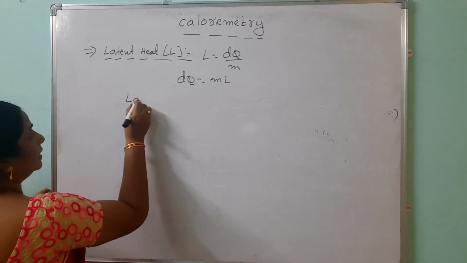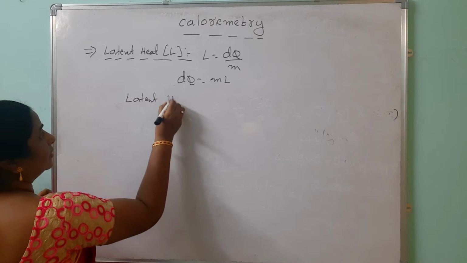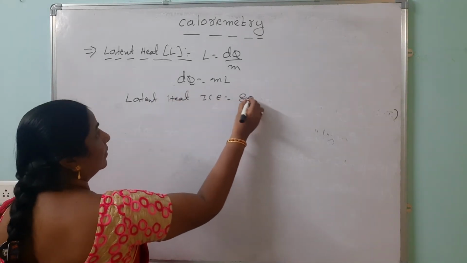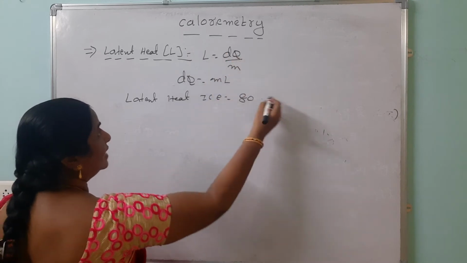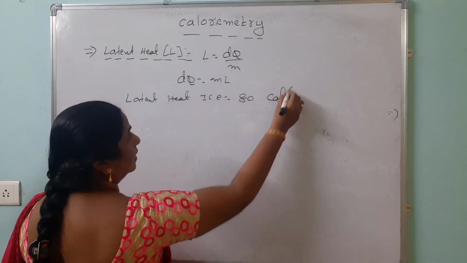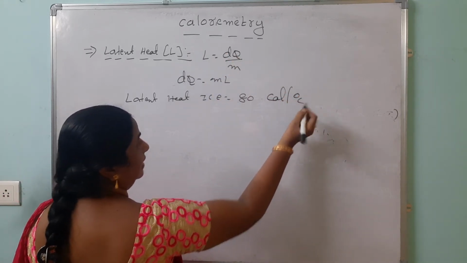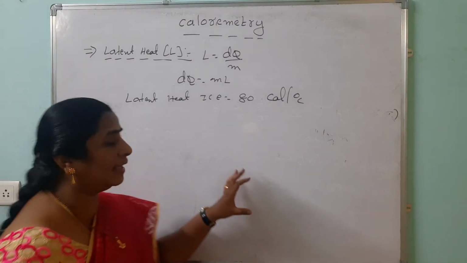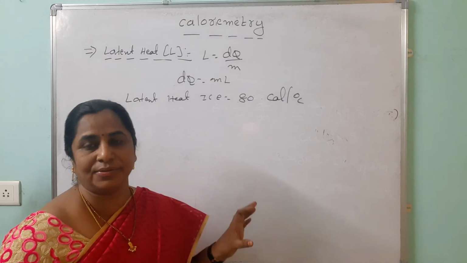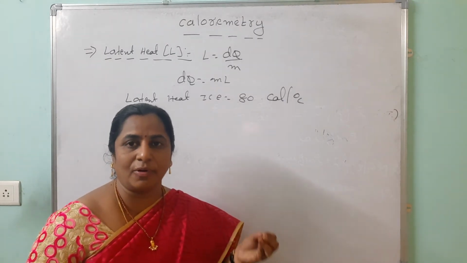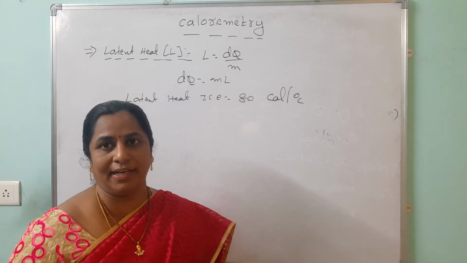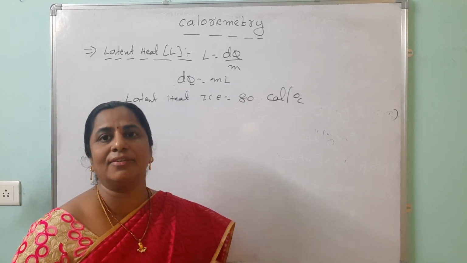You should remember that latent heat of ice equals 80, that unit is what? Calories per gram. If you want to convert, already you know how to convert this one. But here there are two latent heats we should consider. One, if the system is changing from liquid to solid, that is called the latent heat of fusion.